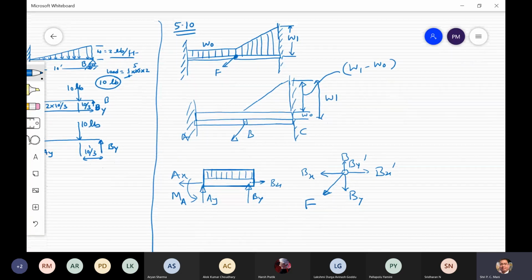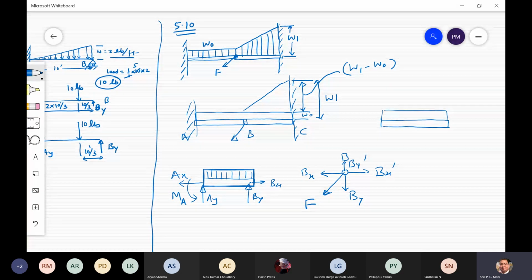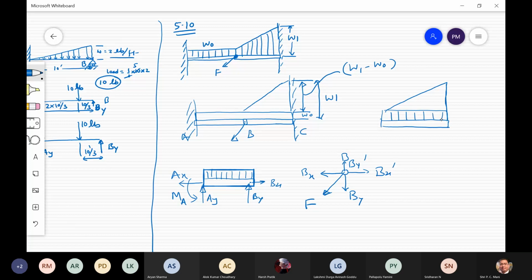Similarly, you will have this one. There is a uniformly distributed load along with triangular load, clear? So it is like this.